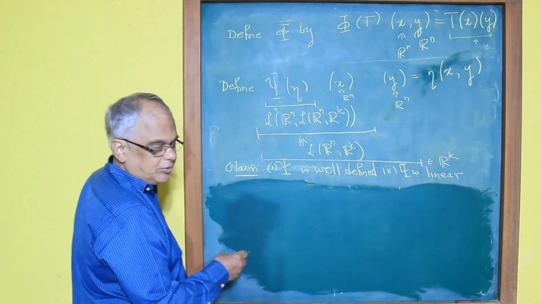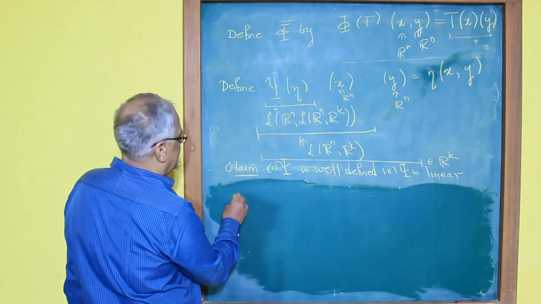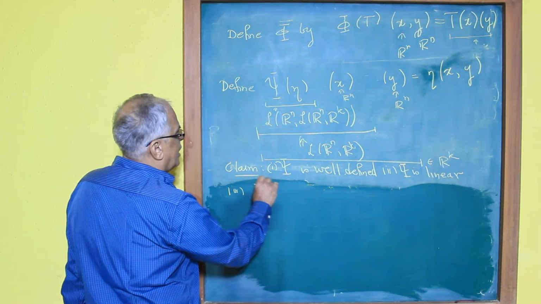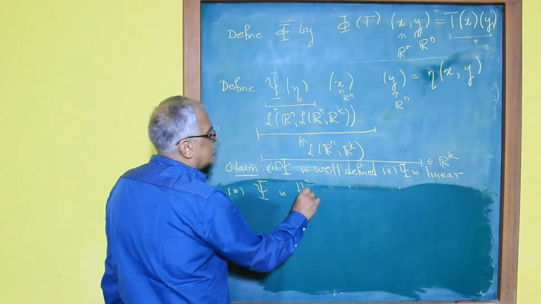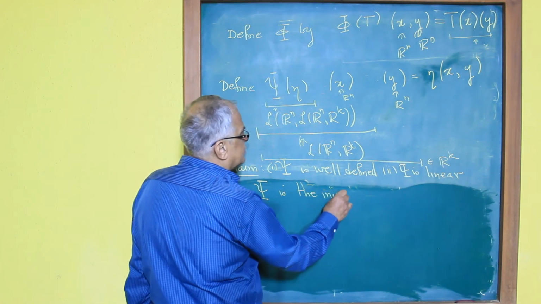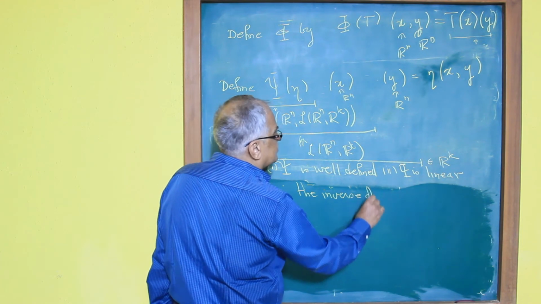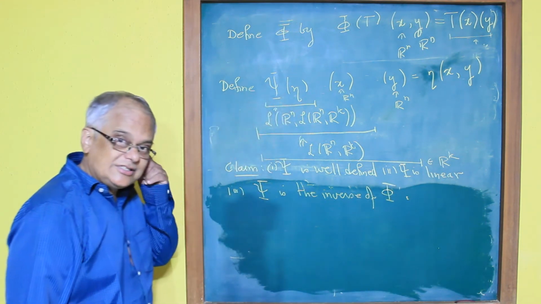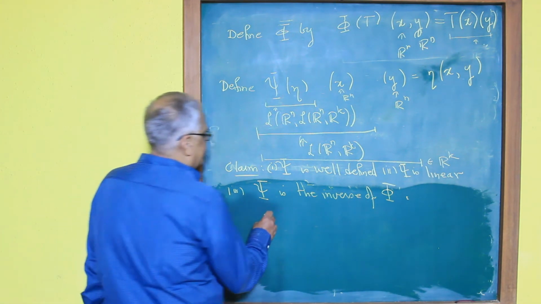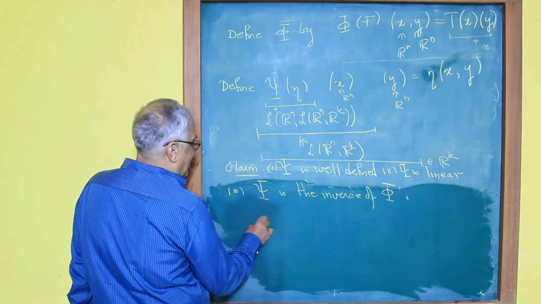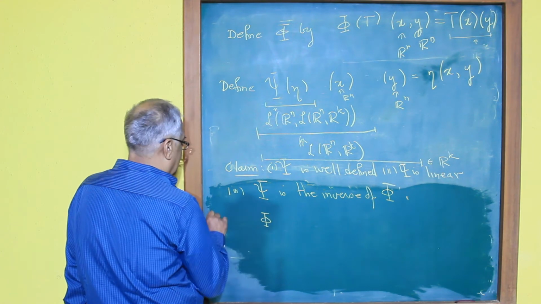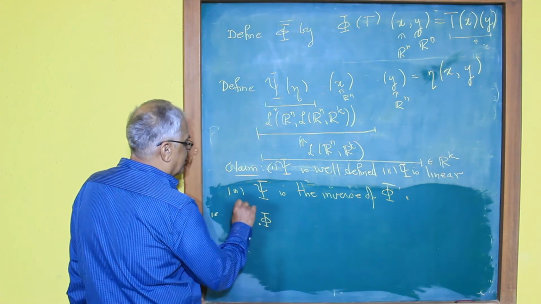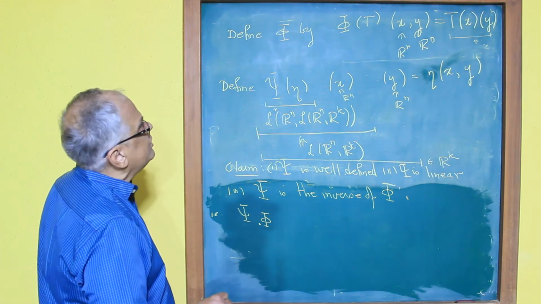And the most important statement is that psi is the inverse. What does this statement mean? It says that if I first take phi and then compose it with psi, where was phi going?